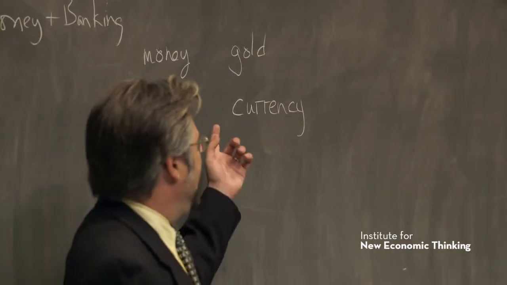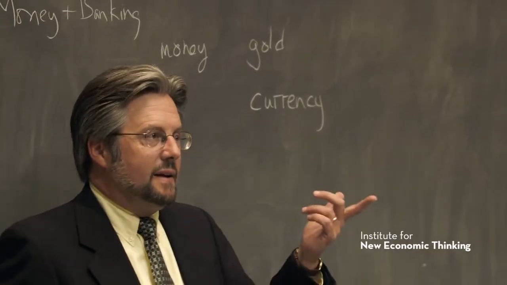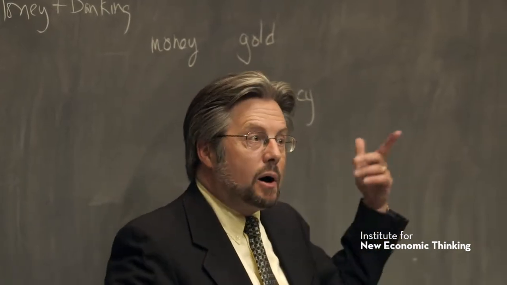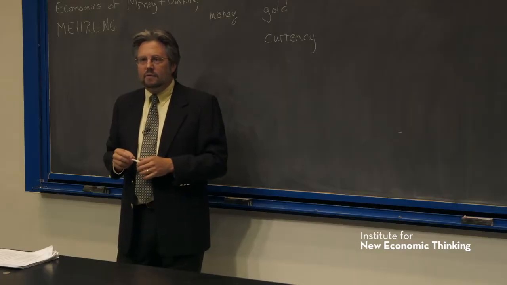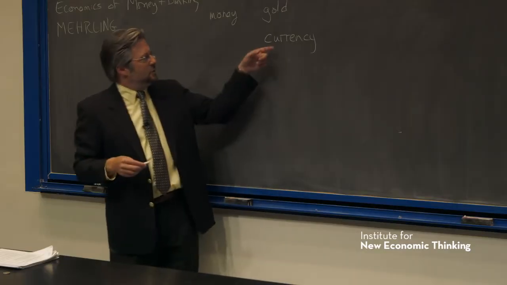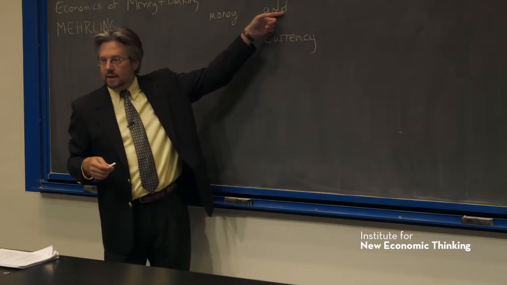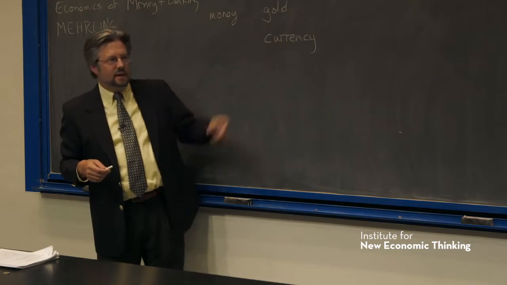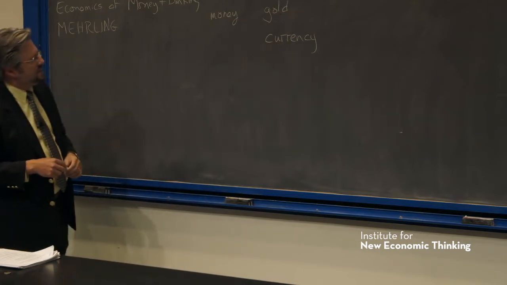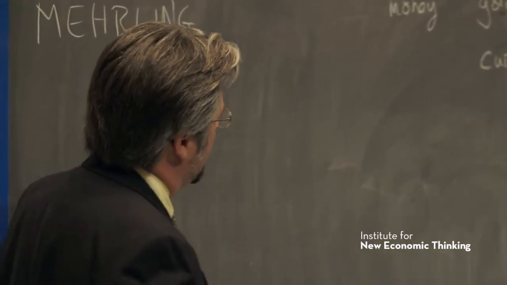Currencies are promises to pay gold in the sense that there's a mint standard, a mint par, and the central bank of the country is meant to clear international accounts in the ultimate money, in gold. So there's national currency that's the liability of a central bank. We'll come to that in a minute.